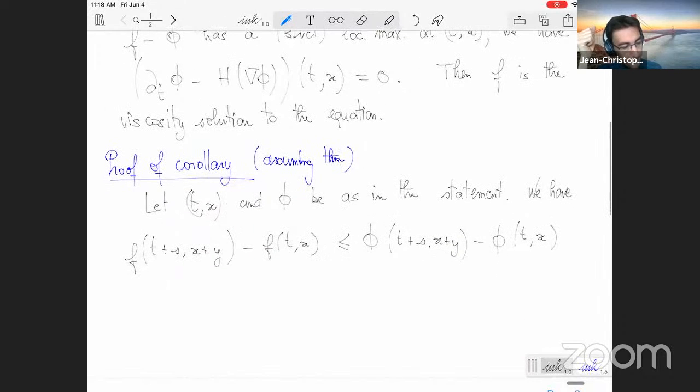That is true. And phi is smooth, so I can write this as grad phi(t, x) dot y plus partial_t phi times s plus big O of y squared plus s squared.